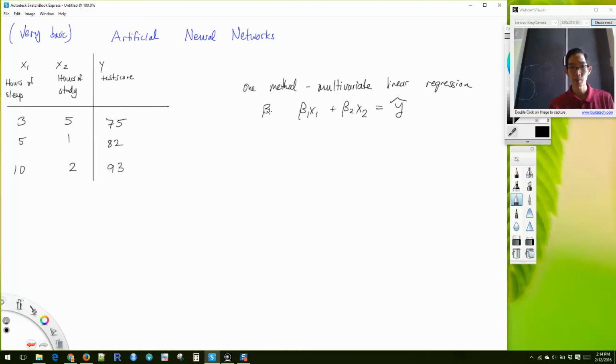Maybe a beta 0. Okay, something like this, okay? And there's other ways to do it, okay? But what we will introduce today will be the artificial neural network, okay?